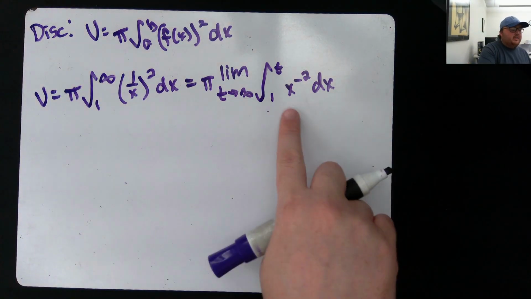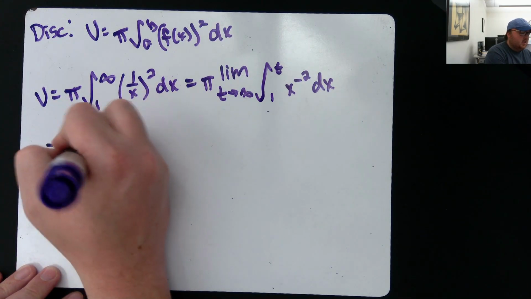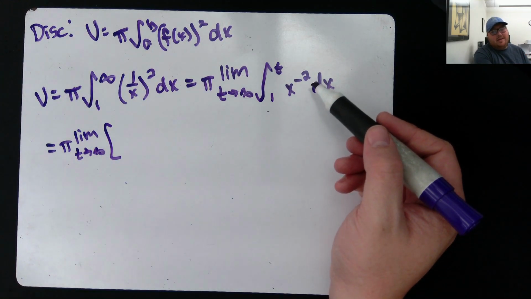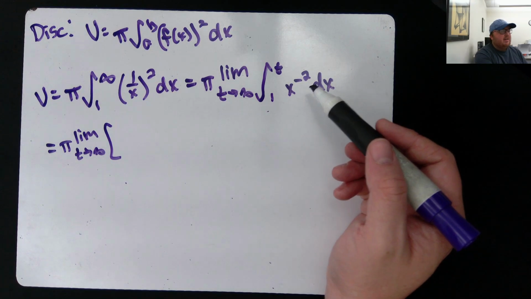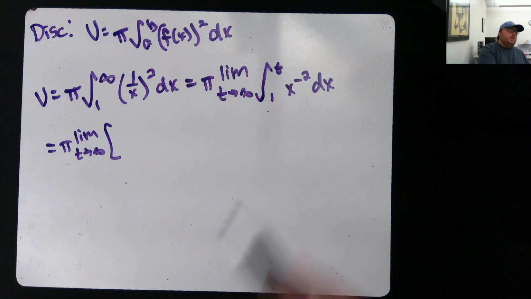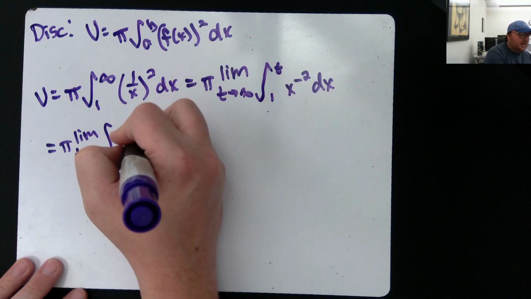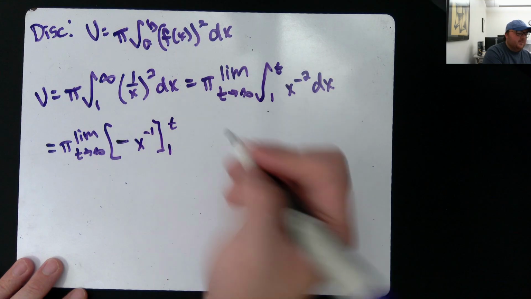Okay, so now take the antiderivative of that. Remember, I'm going to add 1 to the power, which would give me negative 1. Divide by my new power gives me negative x to the negative 1 from 1 to t.